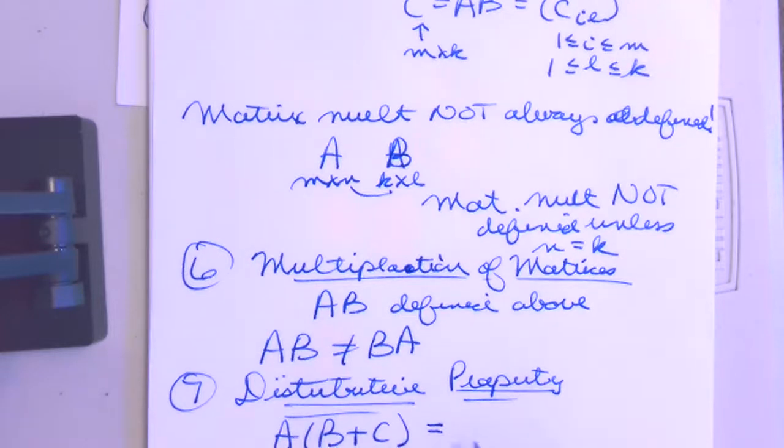Things are not commutative. So this is AB plus AC, but that is not equal to BA plus CA in general.